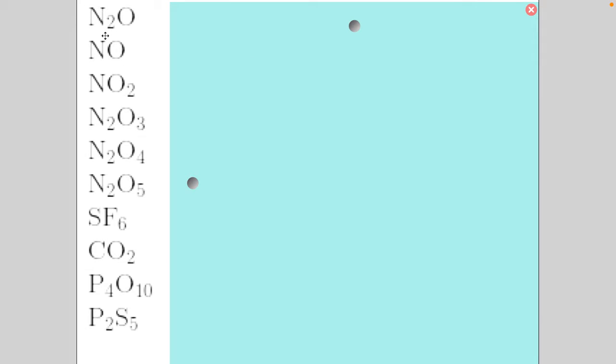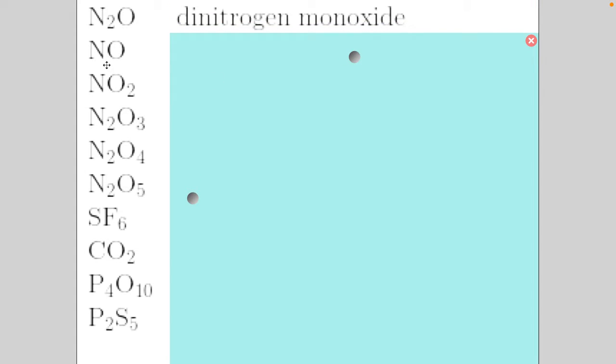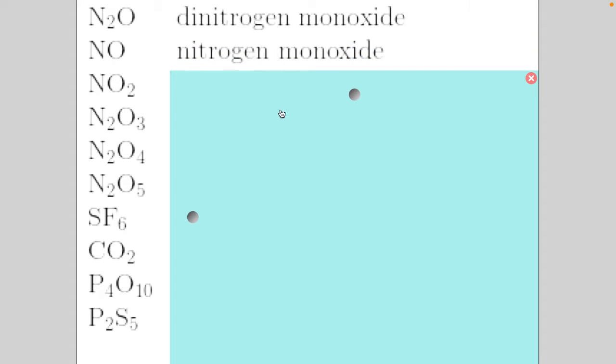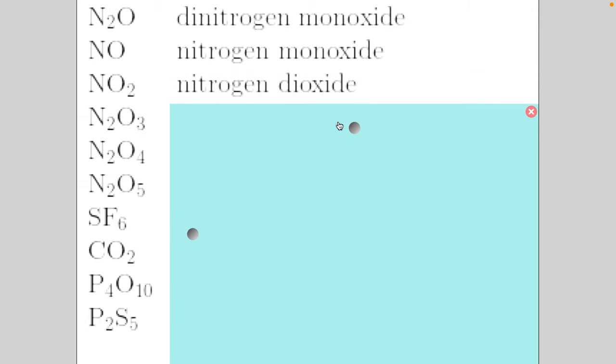N2O. There's 2 nitrogens, so dinitrogen, and there's 1 oxygen, monoxide. NO. We don't say mononitrogen, we just say nitrogen, and there's 1 oxygen, monoxide. NO2. So we have nitrogen, and then 2 oxygens, dioxide. N2O3.